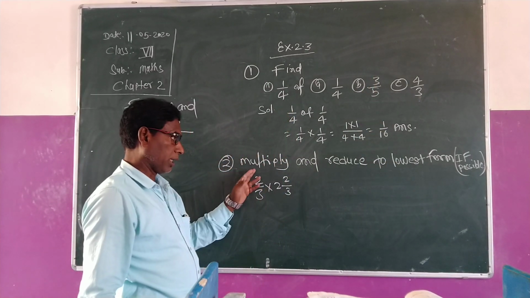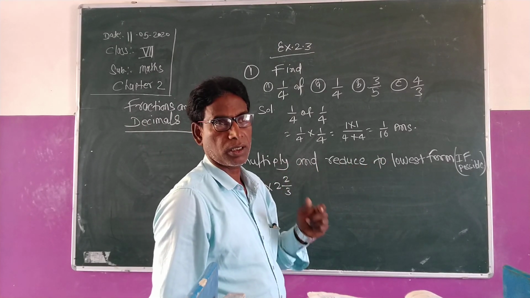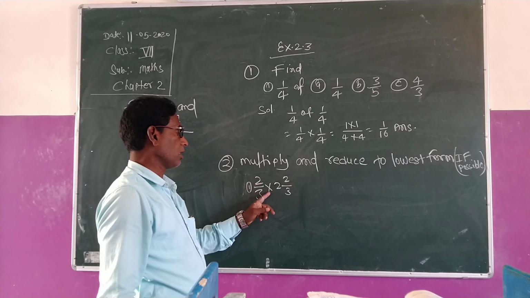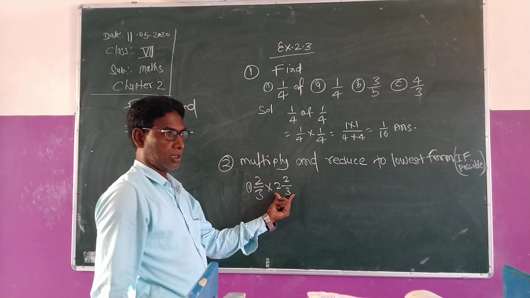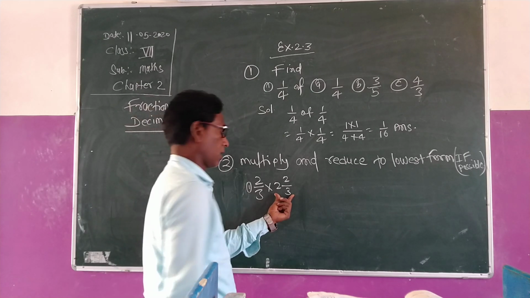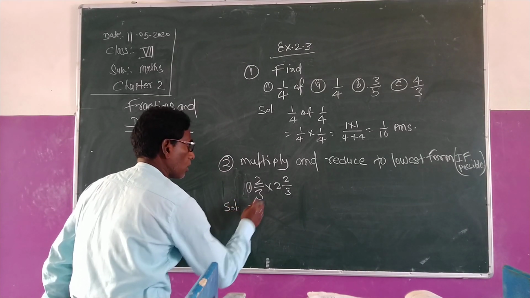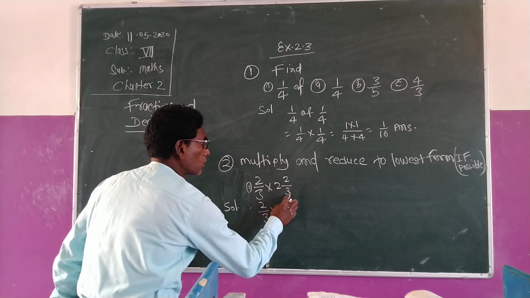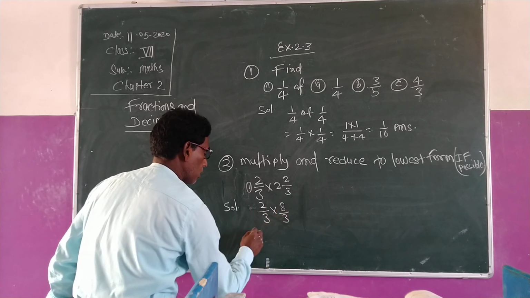In question 2, multiply and reduce to lowest terms if it is possible. First question, 2/3 into 2 2/3. It is a mixed fraction. You will convert it into an improper fraction and solve. 2/3 into 8/3.